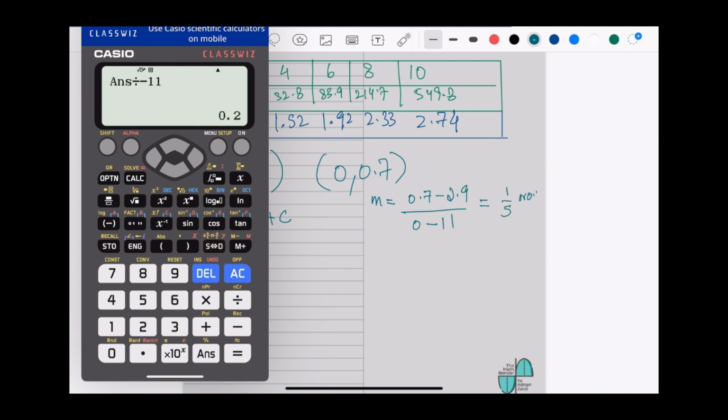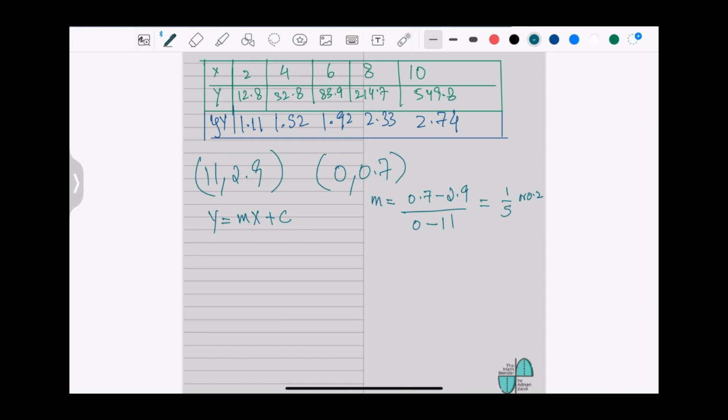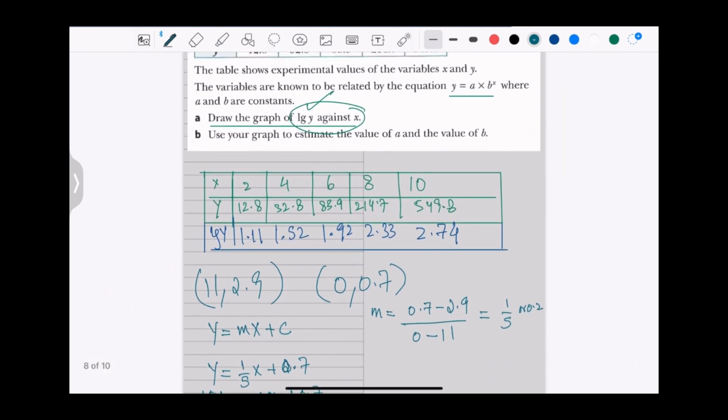You may take any. So y equals 1 over 5 x plus 0.7, so LGY is equal to 0.2x plus 0.7.